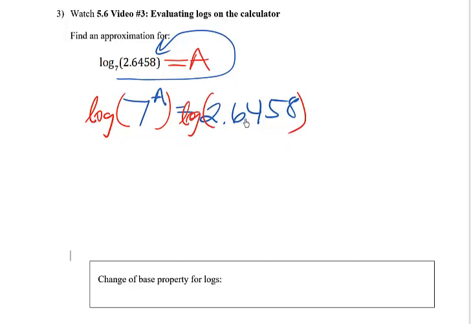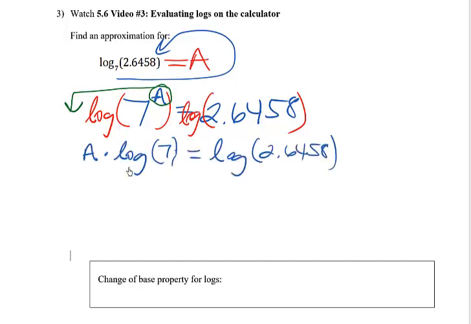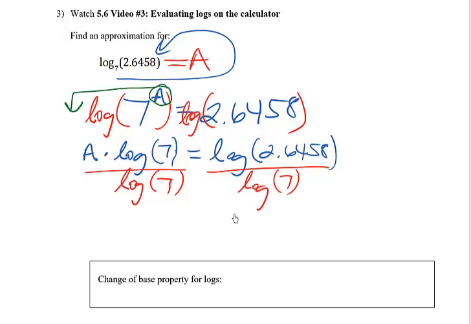Why in the world would we introduce something so complicated? Well, because once you introduce logs on the left side, you can use that power rule. I can take this power and move it to the front as a coefficient. Let's write down now what we have. And then to get A by itself, if I just divide both sides by log 7, I'm done.